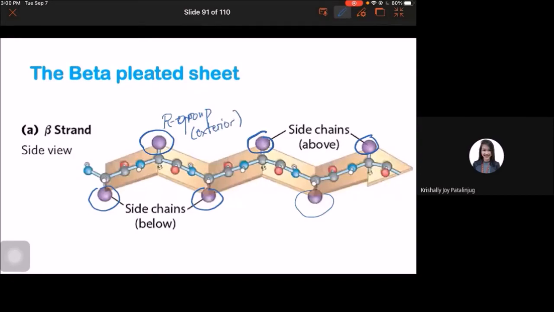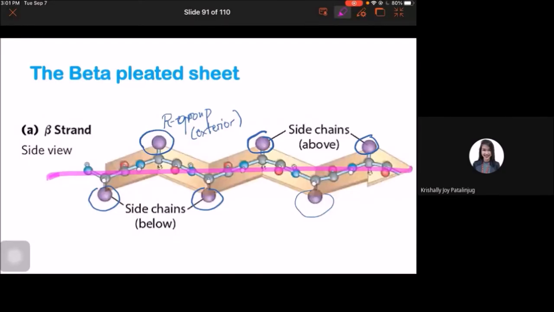Ganon din dito sa beta-pleated sheet. Yung R group nasa labas, nagka-protrude sa exterior portion ng beta-pleated sheet. Kaya lang, this time, ang orientation ng beta-pleated sheet, yung axis of rotation, pahiga, naka-horizontal yung beta sheet.